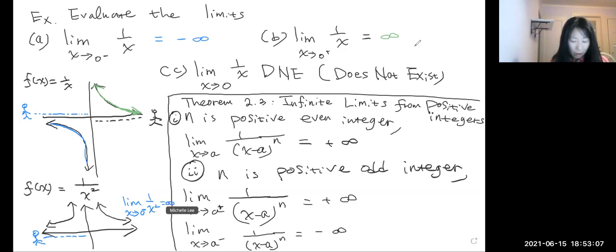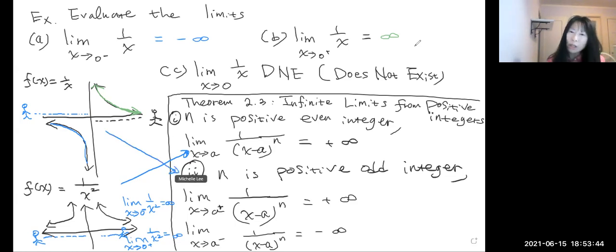When x approaches 0 from the right, the same, positive infinity, right? So can you realize that the bottom of 1 over x squared, n is the positive integer? That is the first one. Can you see that? Okay, and then 1 over x, where n is a positive odd integer, that is reflected as well.